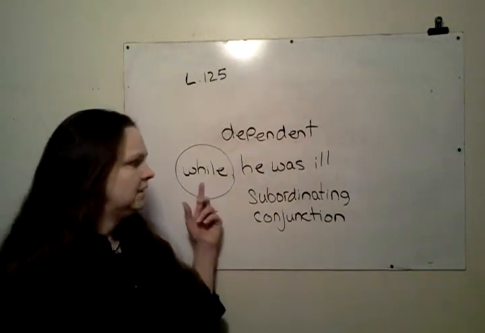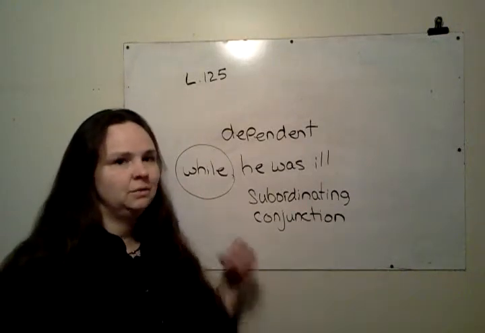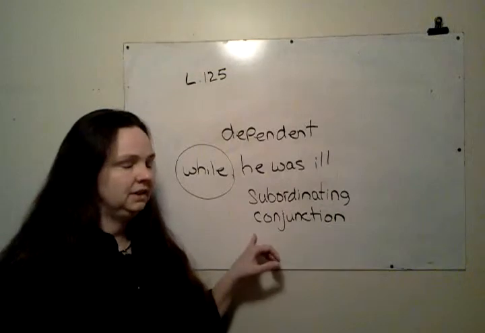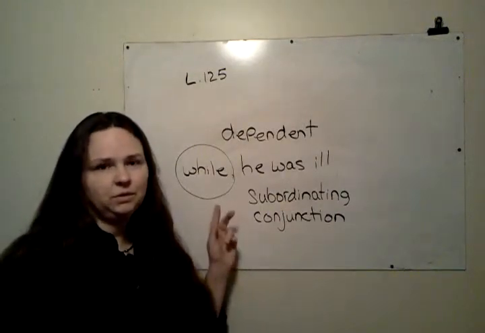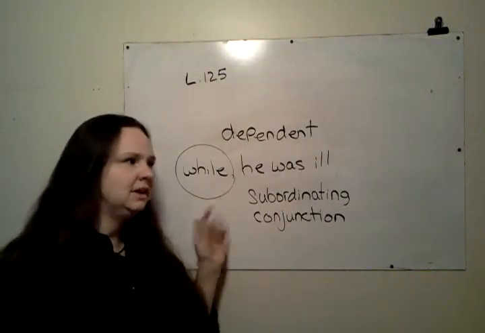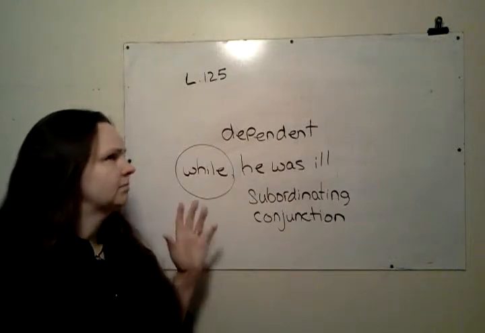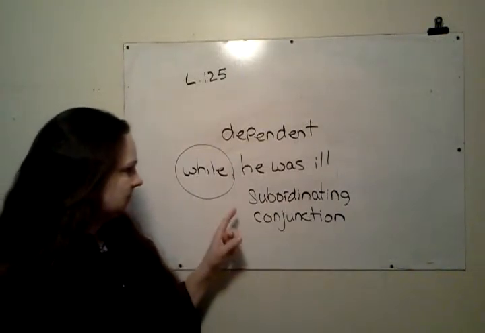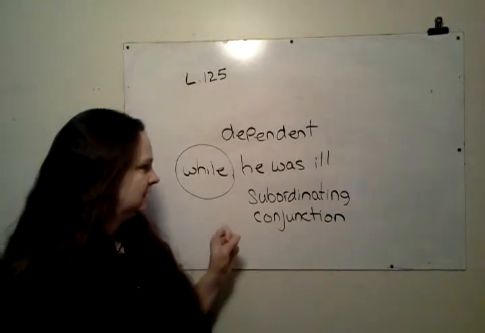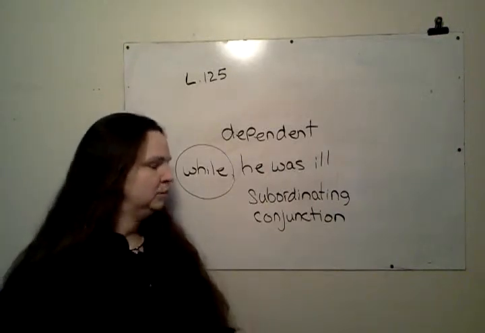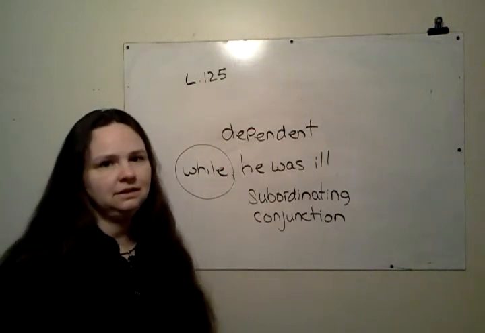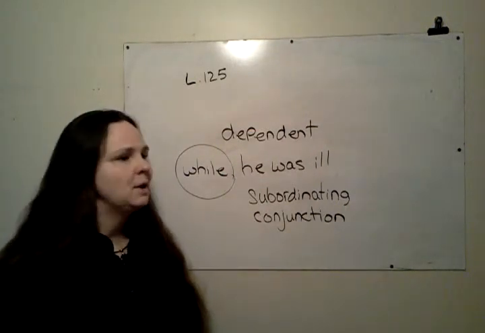Things like because he was ill, while, or since he was ill. Some of the subordinating conjunctions are not even one word, they're like three words, like as soon as, or I can't think of the other ones. They're in the book. Anyway, I like to think the reason why they're called subordinating conjunctions is because another name for a dependent clause is a subordinating clause.